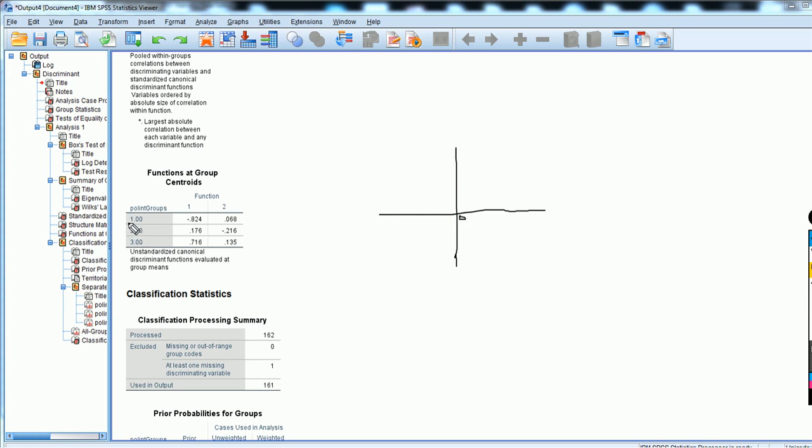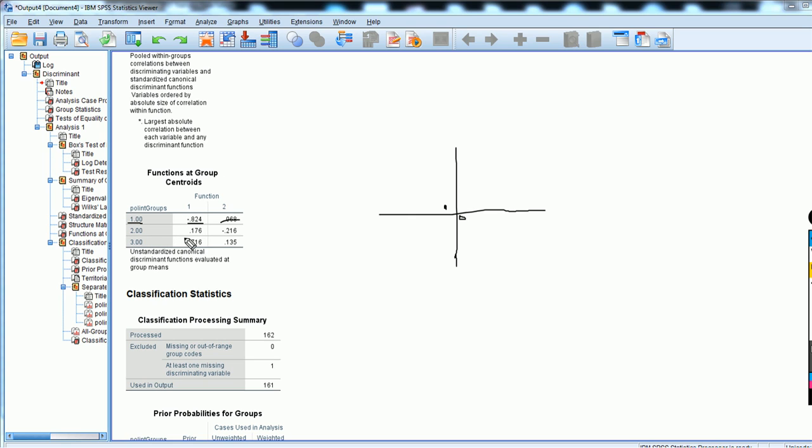For group 1, the multivariate group mean, or centroid, is negative 0.824 on function 1, which would be in the negative direction, and slightly positive at 0.068. I don't have a scaling on here, I'm just giving you the relative positions of these plots of the centroids.